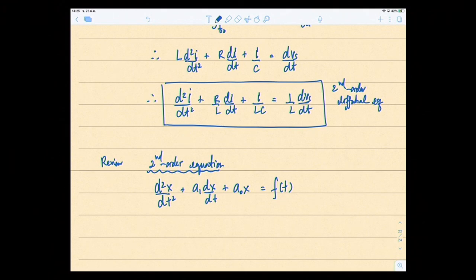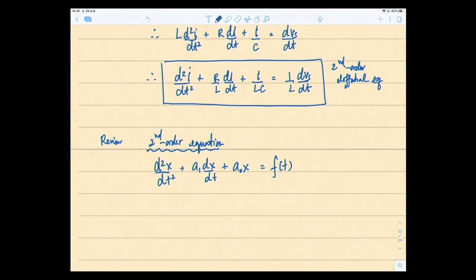Now, whenever you have this form of equation, the general solution x of t consists of xn of t, the natural response, and xf of t, the forced response.